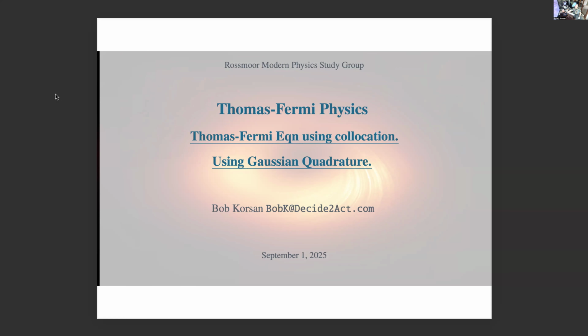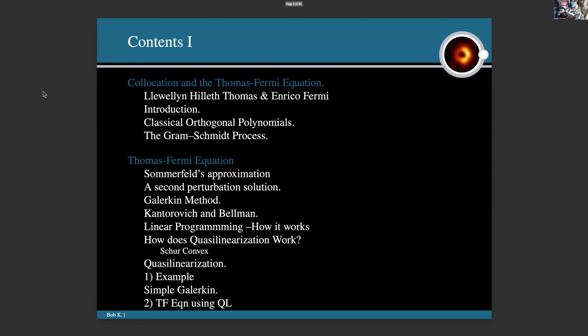Okay, so we're finally gonna get to the end of where we actually get a solution to the Thomas Fermi equation. And we're gonna do a slight review of some of the material we've done before, but hopefully there's a few additional things that will be interesting. Anyway, get this page down.